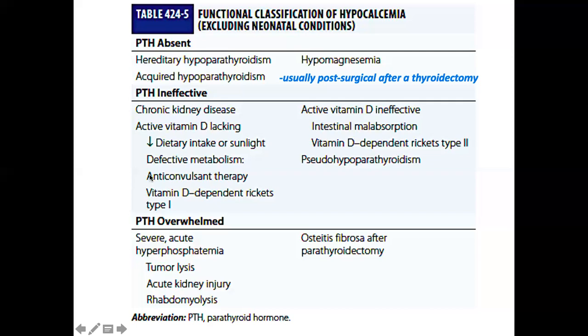Some anticonvulsant drugs can also cause vitamin D deficiency, and so on. PTH is overwhelmed usually if there's an increased load of phosphate in these scenarios, but these are not very common. These first ones are the ones that we see more often in the clinics.